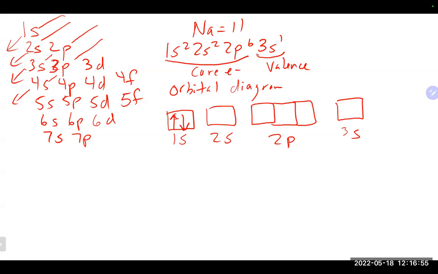That is what is referred to as being paired spin for those electrons going opposite of each other, up, down. When they go into a subshell like a p, they do go in one at a time. The idea here is to maximize parallel spin, and then they come back and pair off. And then we would have that right there, which would be our orbital diagram.